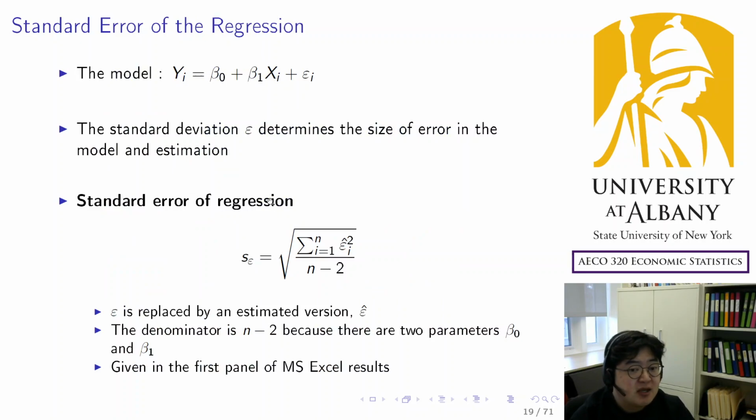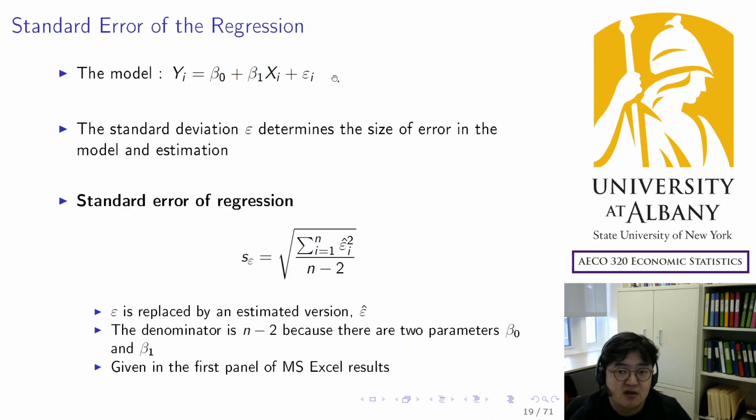And second, standard error of the regression. So now think about the error term, right? This is basically the noise that we need to handle. If this is small, then our estimator will be more accurate, right? All the errors are coming from epsilon here, right? So this error should be estimated. We would like to estimate this error. We call that the standard error of the regression.